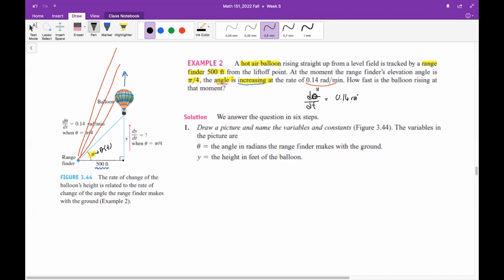Like that, radians over minute. And this quantity is valid at the particular moment when theta is pi/4, okay? So this happens when theta is pi/4. This is the particular moment that we are interested in.